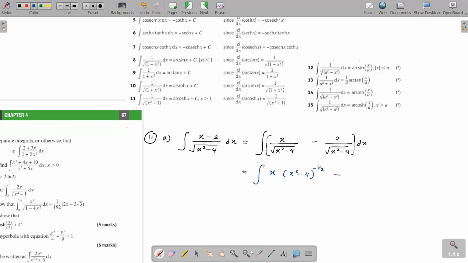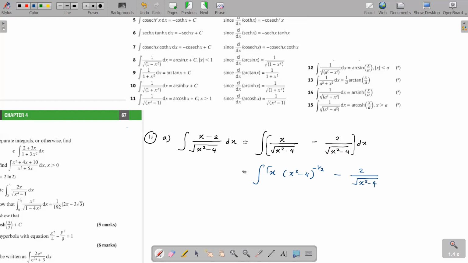Does the other one need any fixing? No, because the second one just has a 2 on top, so it can fit into one of these formats. Root x square minus 4 can fit into the 15th equation, right? Can you see 1 over root x square minus a square? It fits into that. So we don't need to do anything to that one; it can stay exactly where it is.